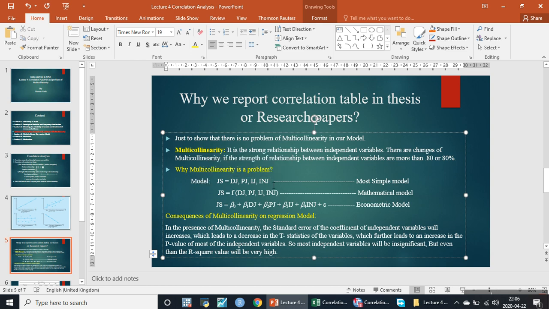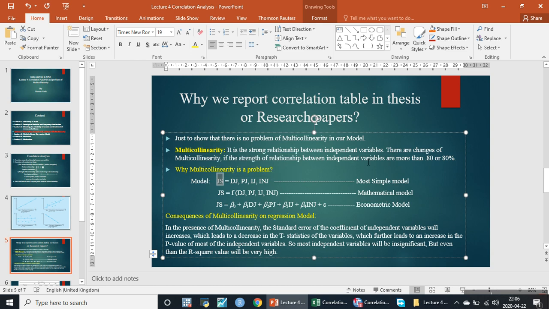Like our research question in this case is the impact of organizational justice on job satisfaction. Impact of these 4 variables, which represent organizational justice. So this was a theoretical question, what is the impact of organizational justice on job satisfaction.